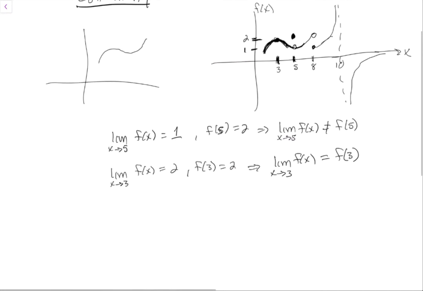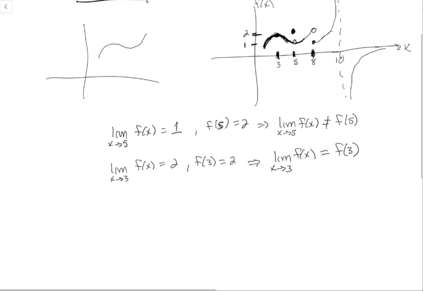Now if we come out here to x equals 8 and take the limit as x approaches 8, what value are we going to get as our limit? Well, as we approach from the left, it looks like the y value is trying to get to 2. As we approach from the right, the y value is trying to get to 1.